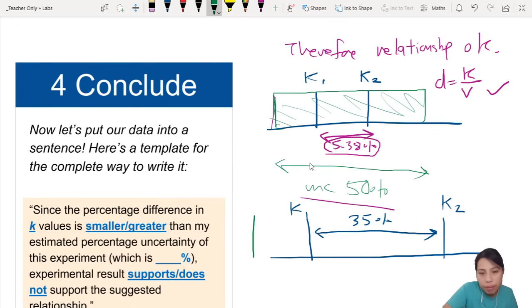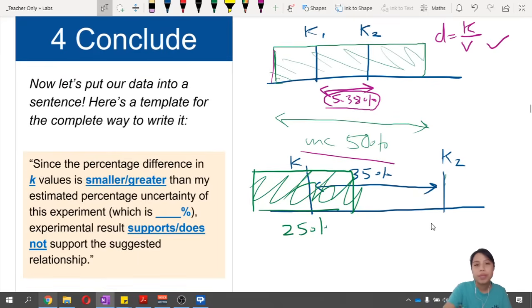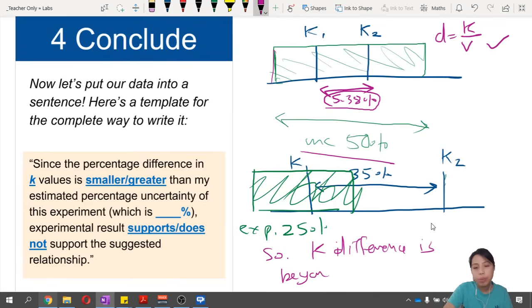Let's say you have one K value, and the experimental uncertainty is only 25%. You see your K value is outside your experimental uncertainty. So here we have a problem already. K is different by 35%, which is bigger than your experimental uncertainty. So you can say the K difference is beyond your experimental uncertainty.